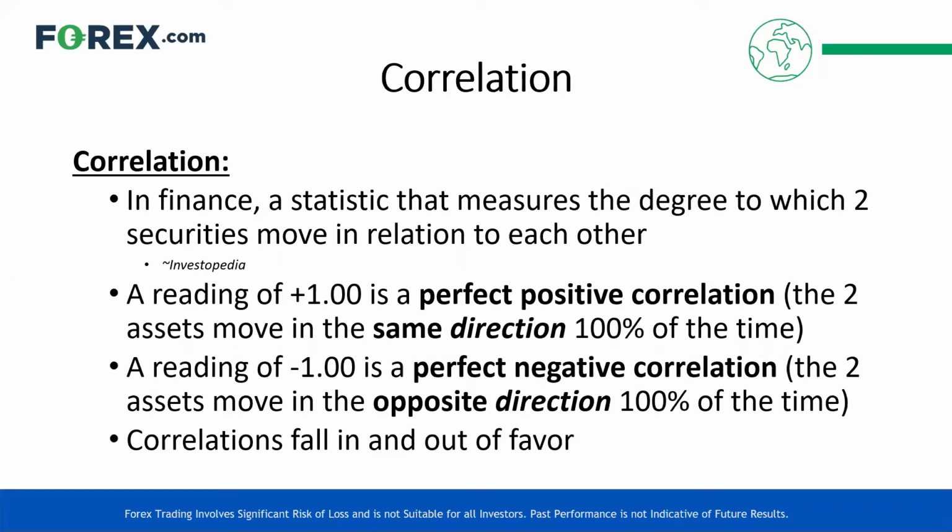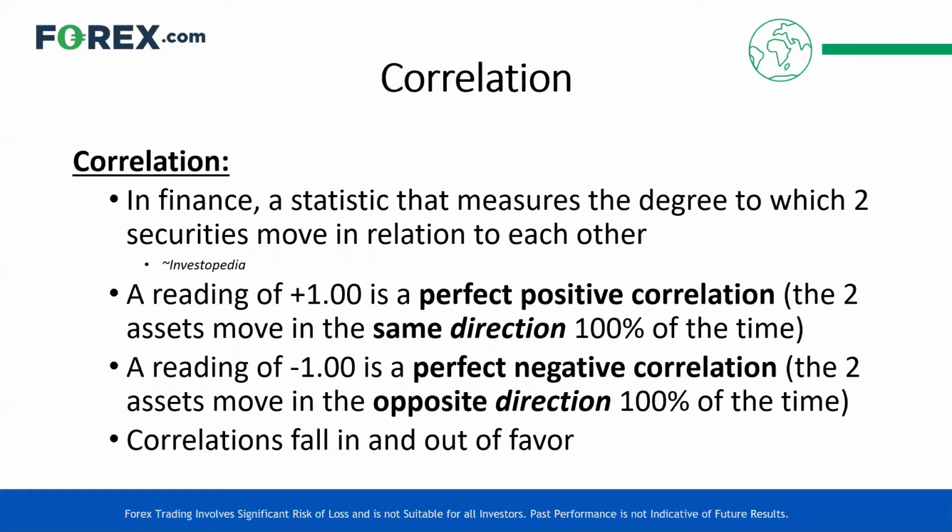A reading of 1.0 is a perfect positive correlation, which means they're moving together 100% of the time. A reading of -1 is a perfect negative correlation, which means they're moving in opposite directions 100% of the time. And when you're watching these correlations, they fall in and out of favor.